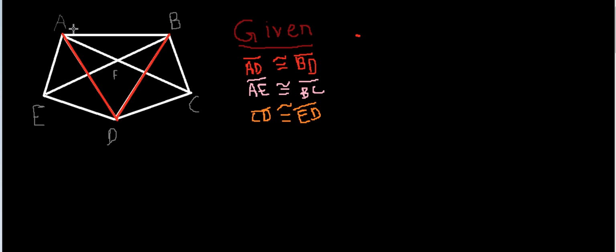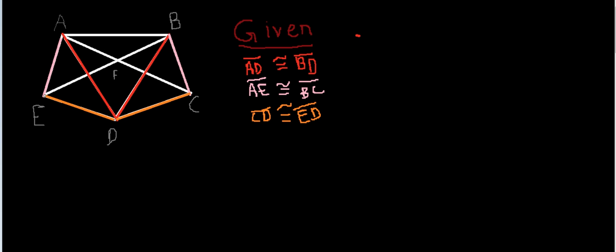That's wrong again, as you can see, I'm not very good at this just yet. AE is congruent to BC. And CD is congruent to ED. So I've sort of color-coded this so you guys can tell what is congruent.